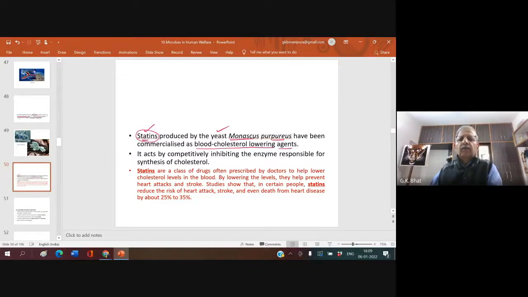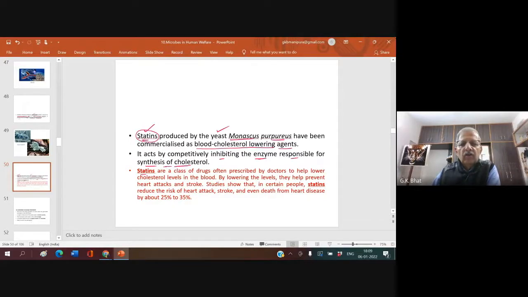It is a yeast, a fungal member. Whether it's a fungal member or a bacterial member, you must know it. It acts by competitively inhibiting the enzyme responsible for the synthesis of cholesterol. So cholesterol level comes down. Right?